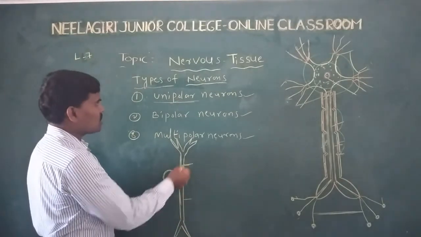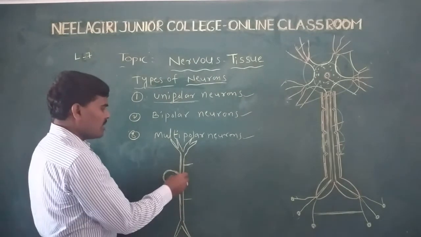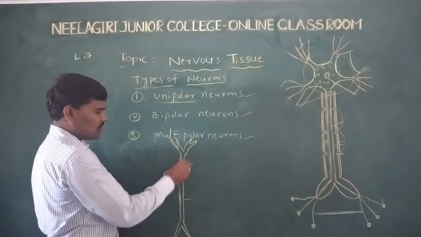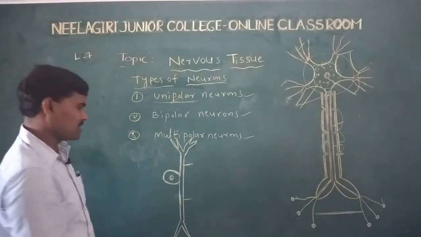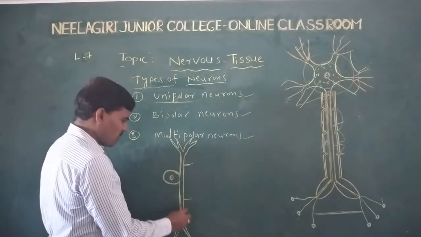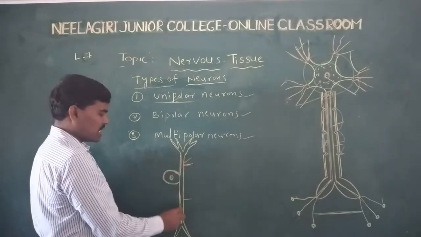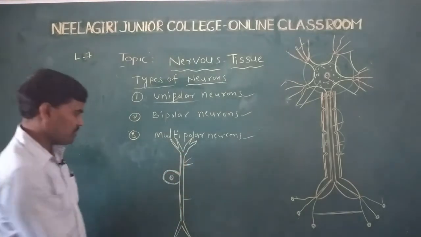Pseudopolar neurons or unipolar neurons, both are the same. Because only a single axon arises from the soma, the axon divides and acts as dendrite and axon.